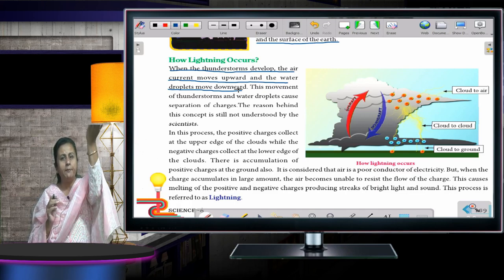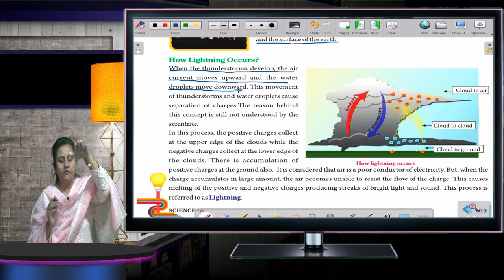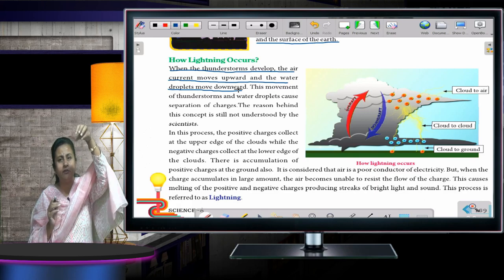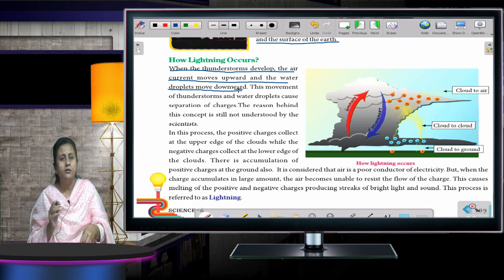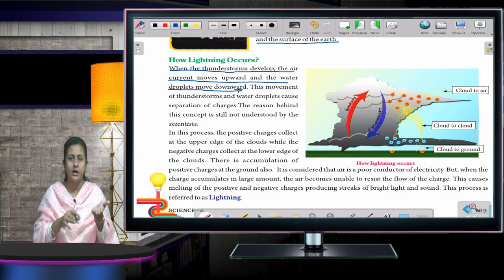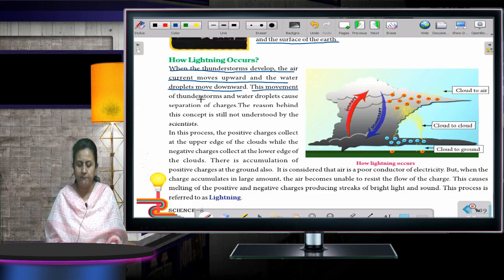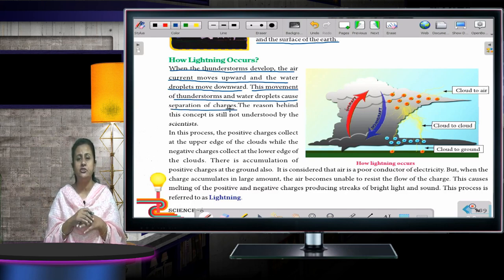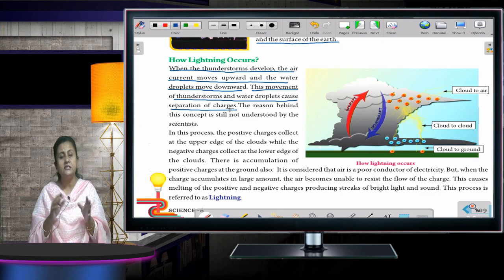Whenever the rain is there, it rains down. So the current is moving up and the water is falling down. This movement of air current and water droplets causes separation of charges. Whenever this is happening, the charges get separated.